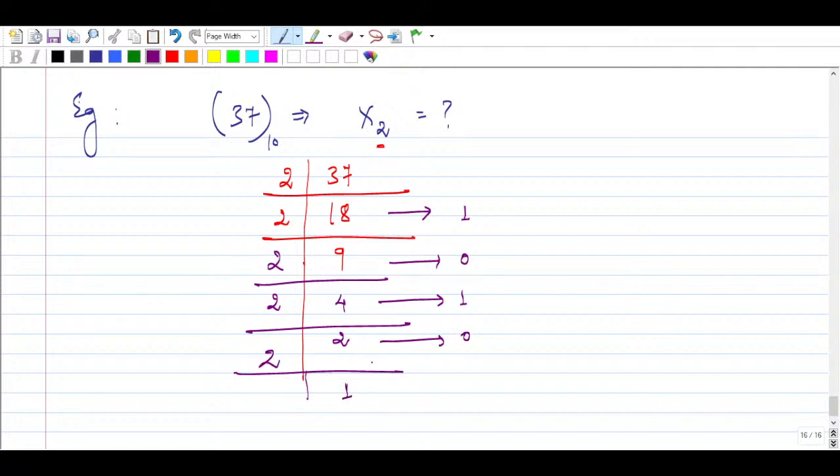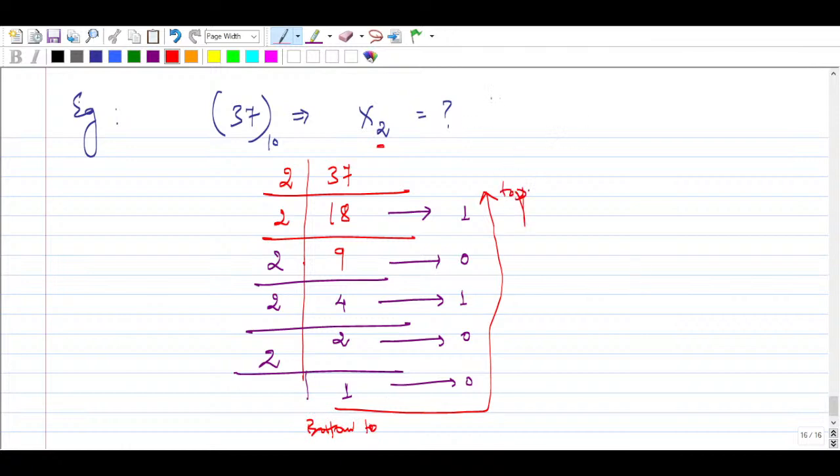I hope this is clear. Again you will get 0 here. You have to end when you get 1 here. So what you have to do is collect all the remainders from bottom to top.